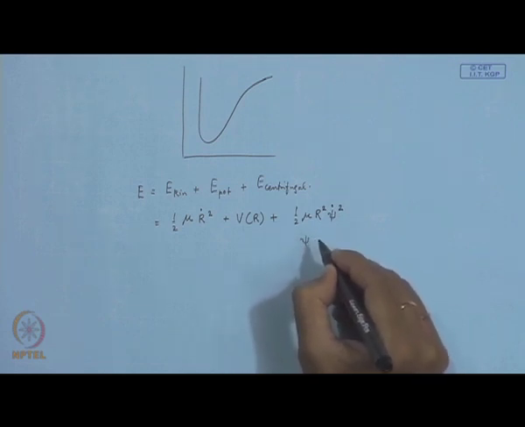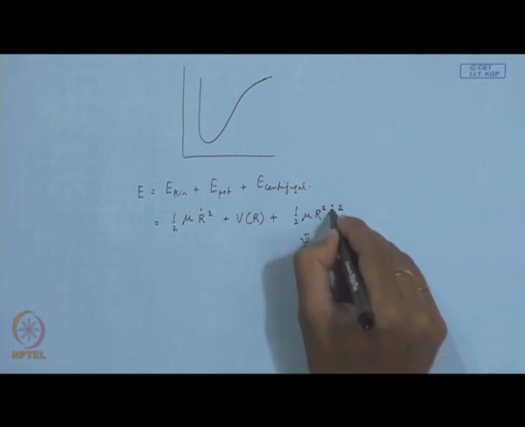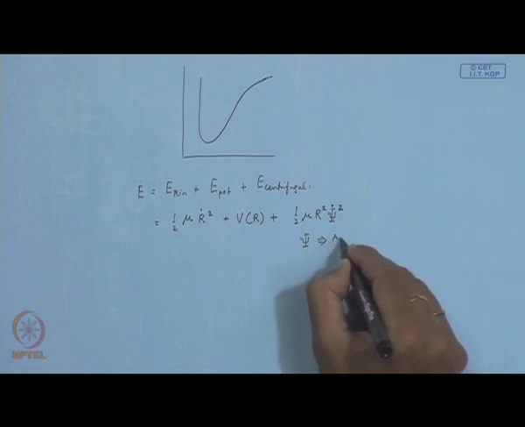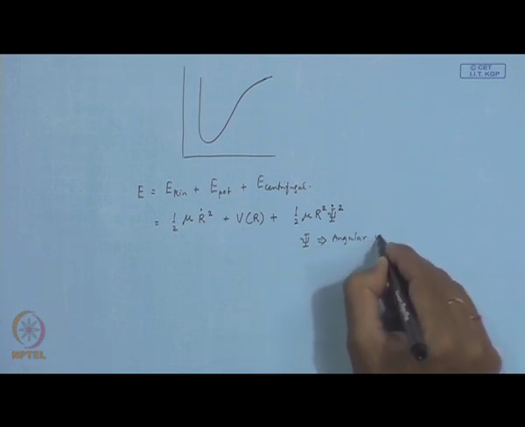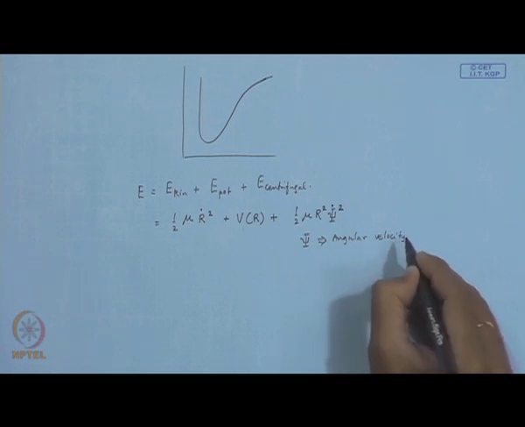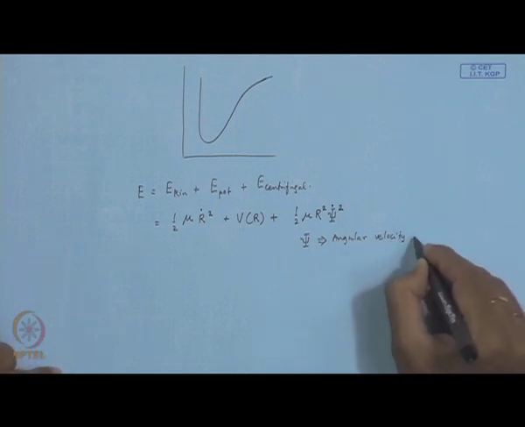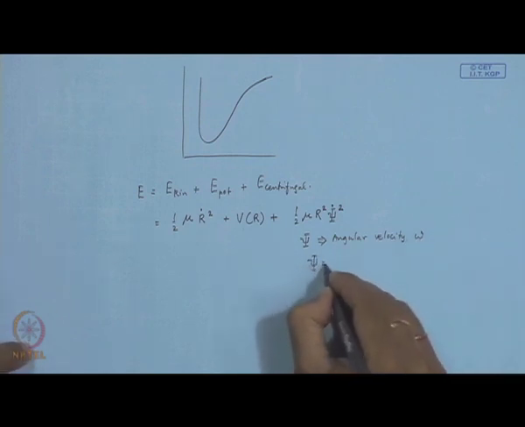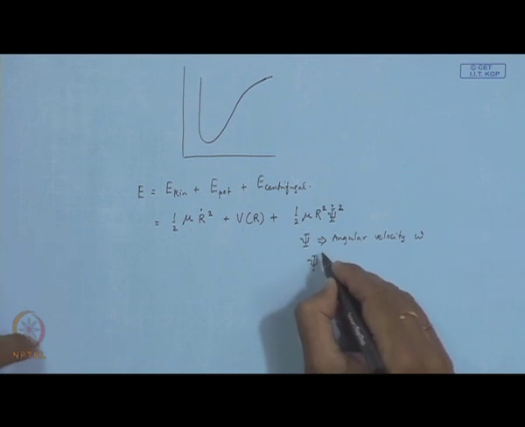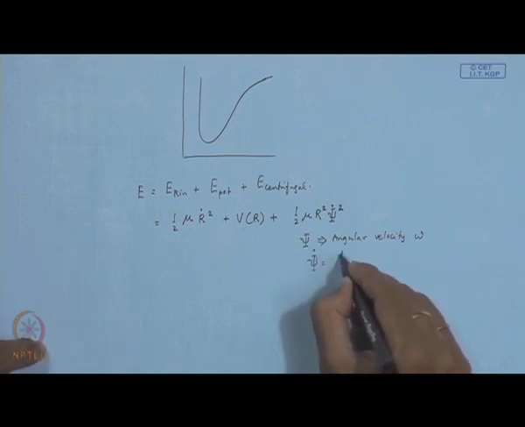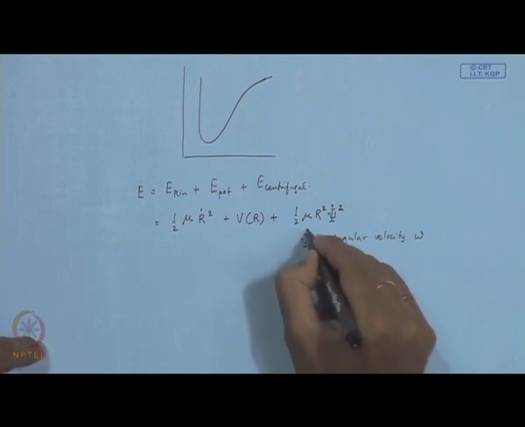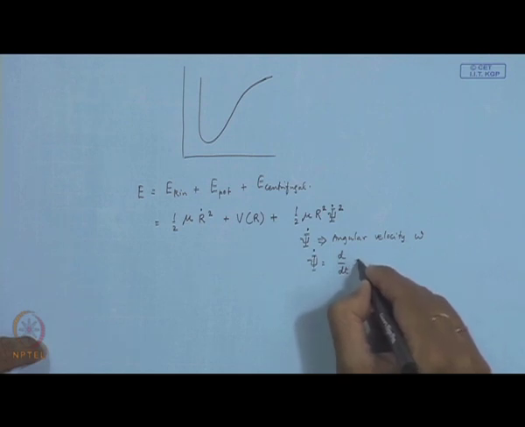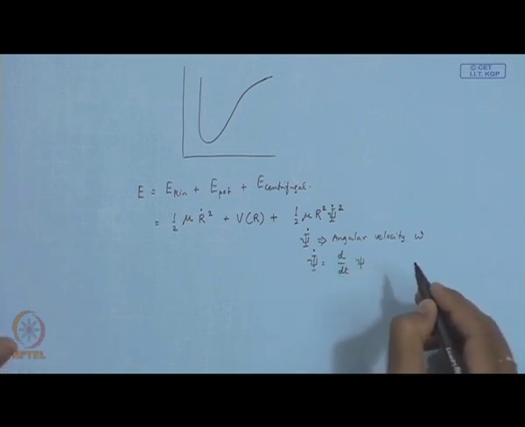Psi dot is d dt of psi, which is called the angular velocity.